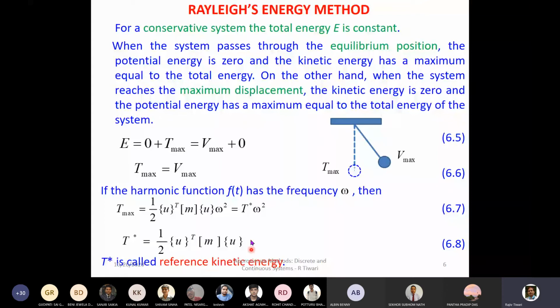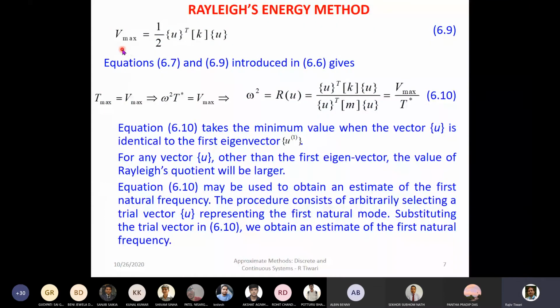So omega square is excluded from this expression. Maximum kinetic energy is T star omega square, and T star is the remaining term. Similarly, for the potential energy V maximum, because function f(t) is, let us say, cos omega t, the maximum value of that will be 1. So that has been equated to 1 to get the maximum potential energy.